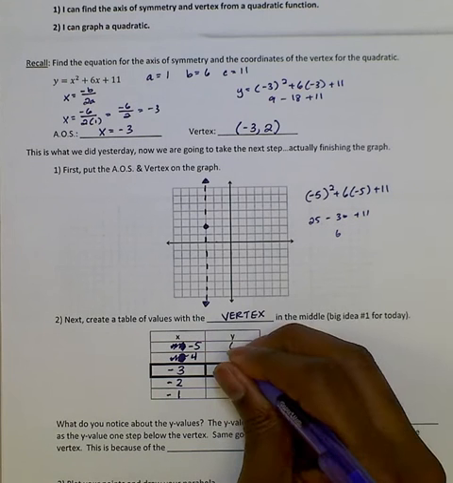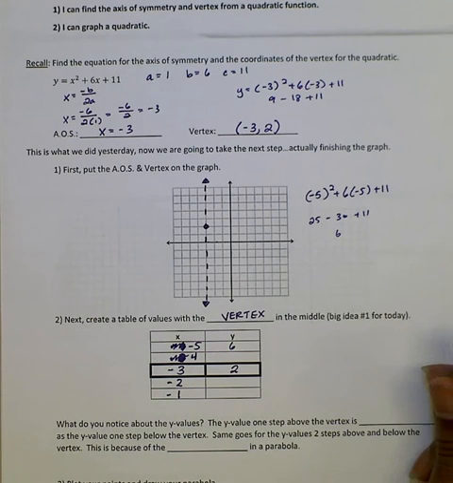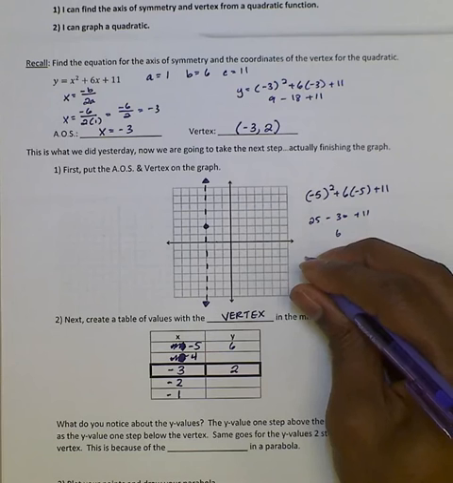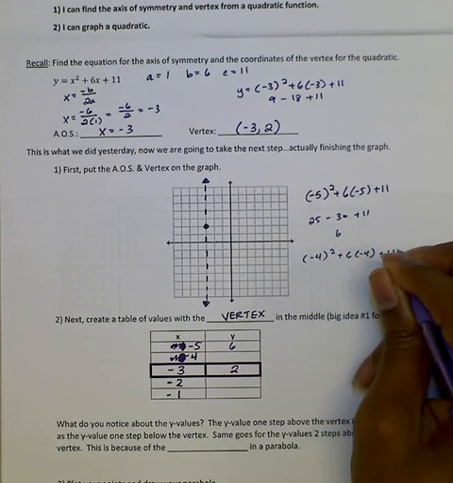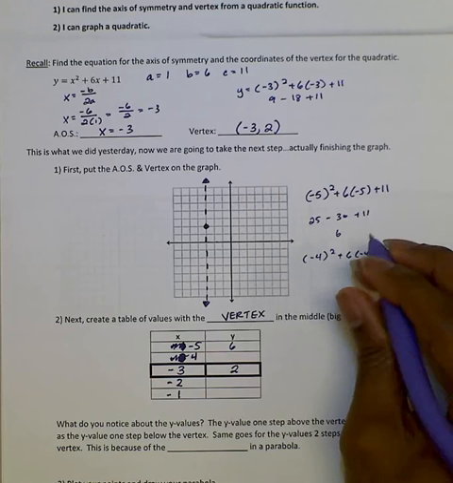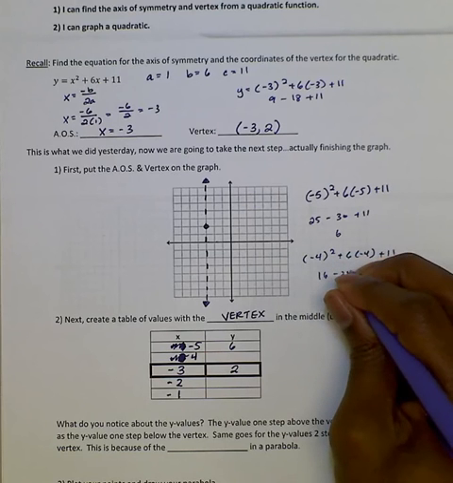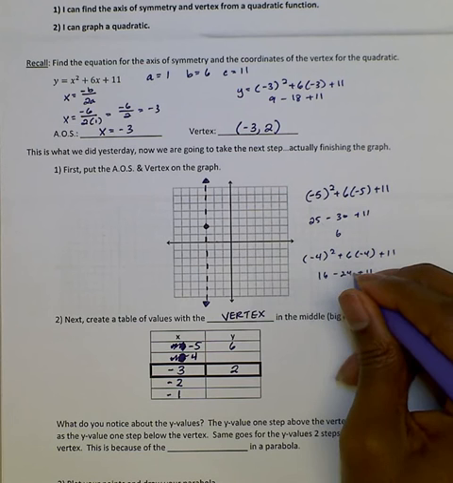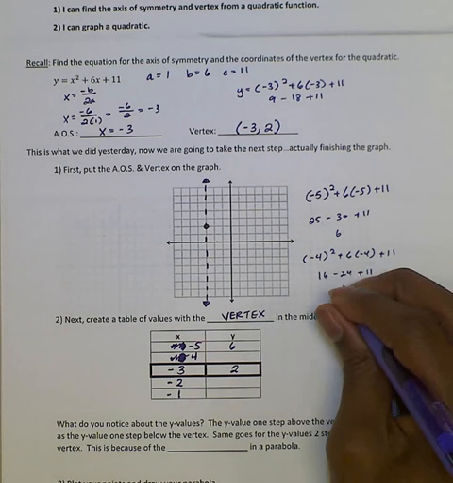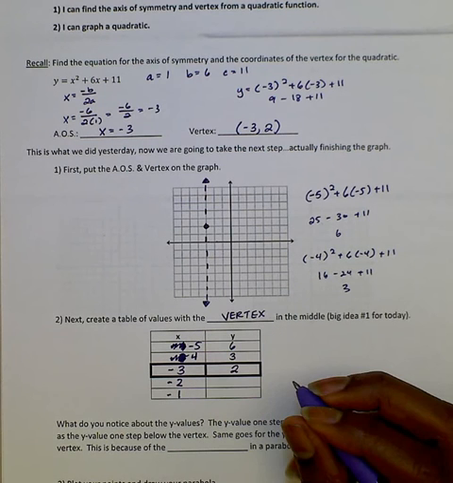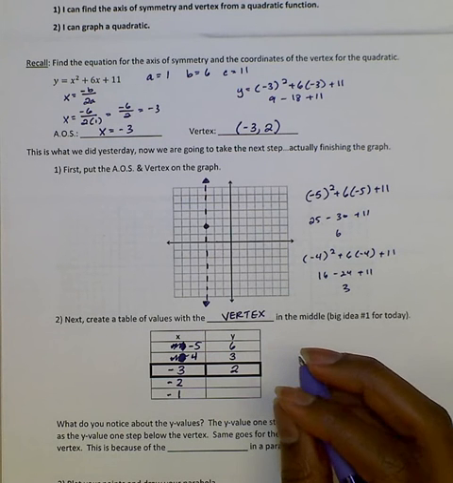So when x is negative 5, y is positive 6. We can do the same thing with negative 4. Squared, 6 times negative 4 plus 11. So that's 16 minus 24 plus 11. 16 minus 24 is negative 8, plus 11 is 3. So our value here is 3.